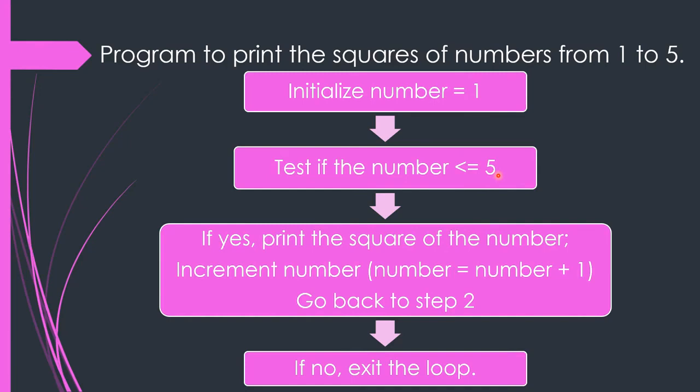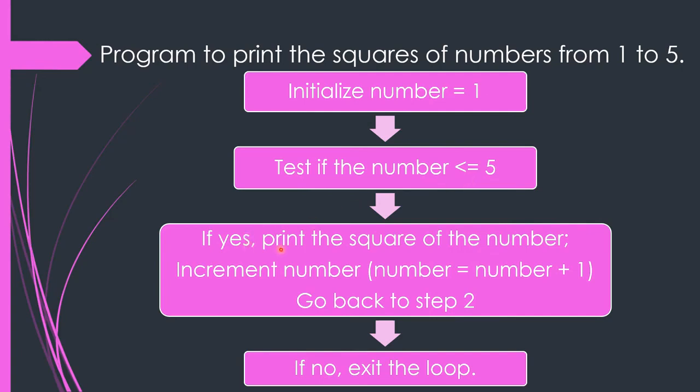As I just told in the previous slides, we construct that expression, that test condition, using a logical or relational operator. So here we have used a relational operator for constructing our test condition. So in the second step, we are going to test if the number is less than or equal to 5.